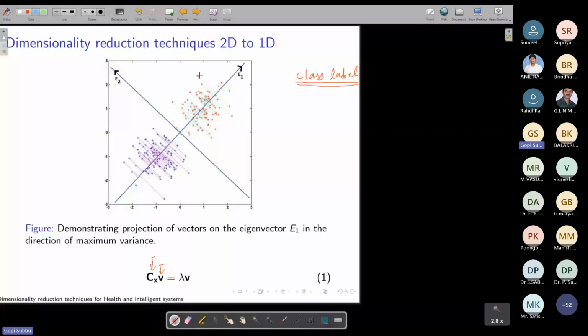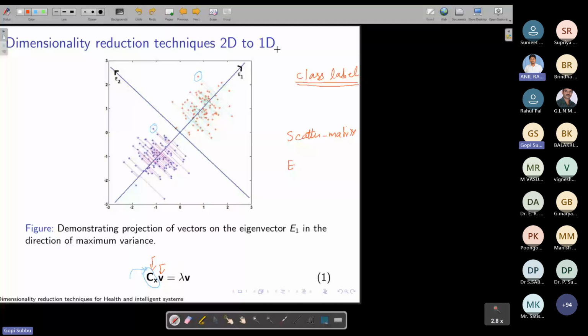But while calculating this scatter matrix, this is the covariance matrix. In pattern recognition terminology, the estimate of that covariance matrix, what we did in the previous discussion, we called it a scatter matrix. So both are the same only. Covariance matrix is statistical, where we have to apply the expectation operator, but for the scatter matrix we only use the estimate of the covariance matrix.